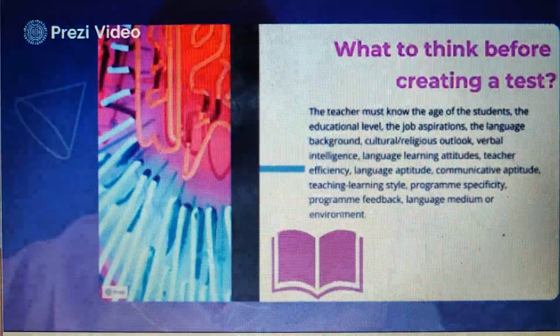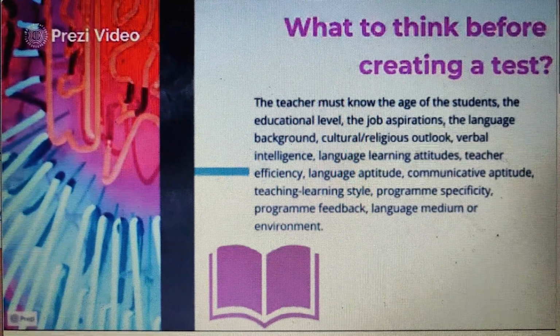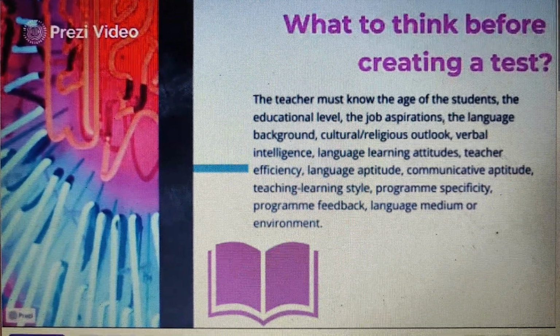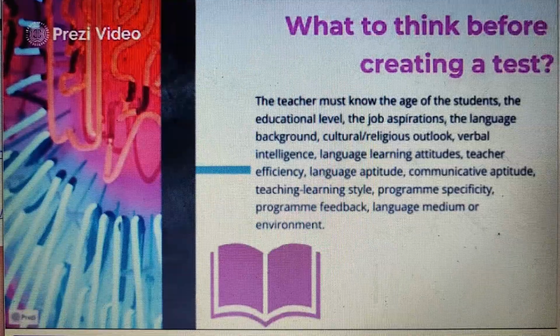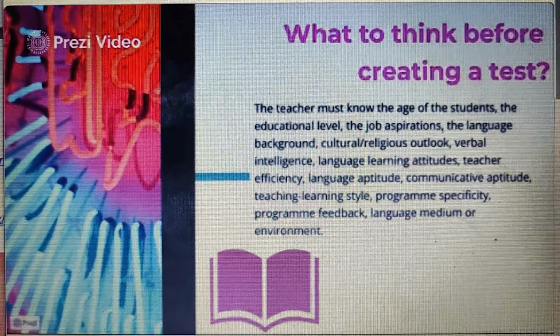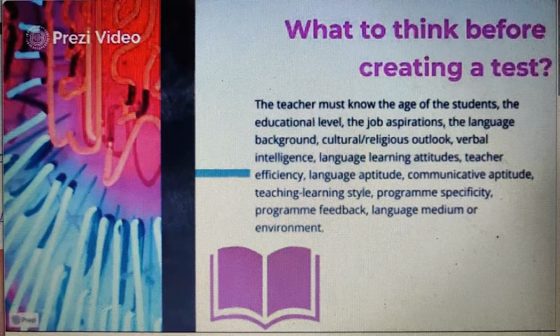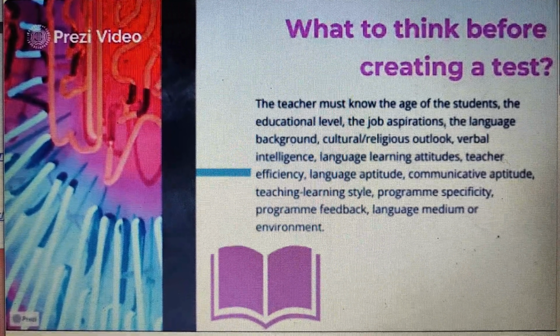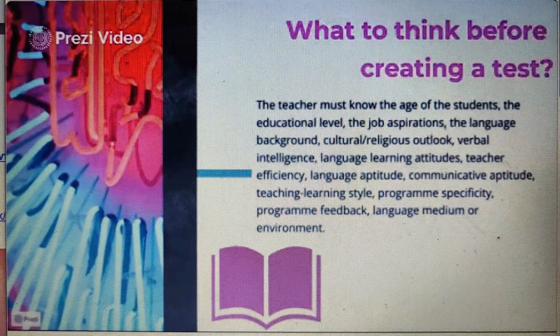So, okay, the teacher must know the age of the students, the educational level, the job aspirations, the language background, cultural and religious outlook, verbal intelligence, language learning attitudes, teacher efficiency, language attitude, communicative aptitude, teaching and learning style, program specificity, program feedback, and language medium or environment.